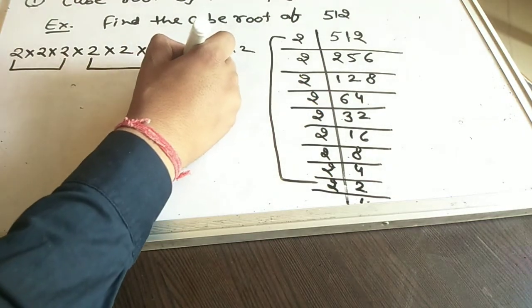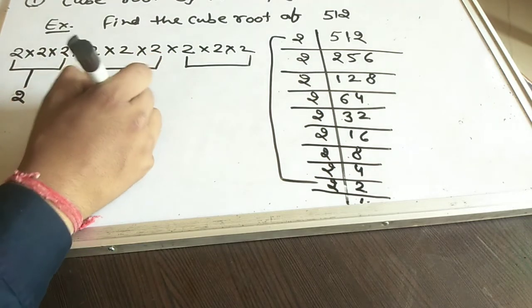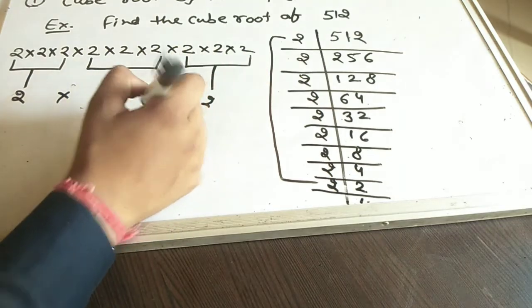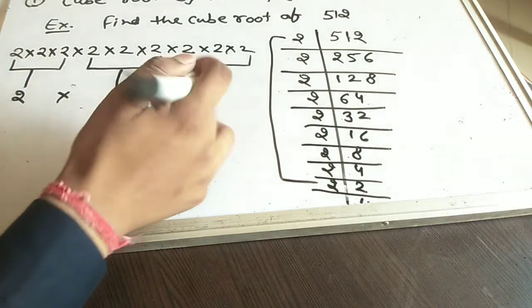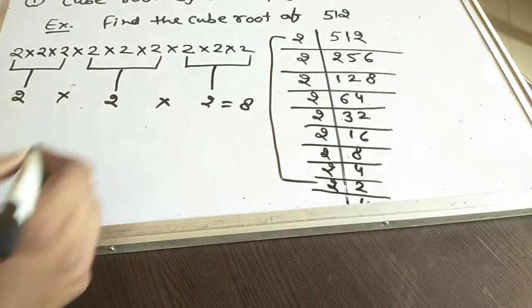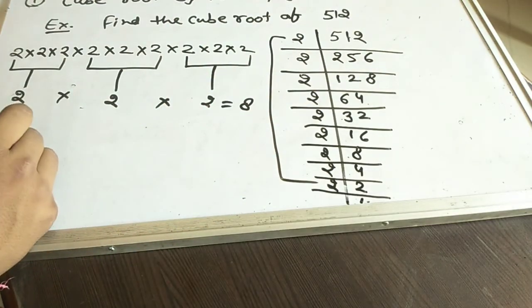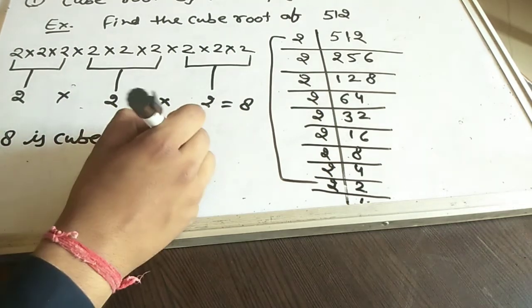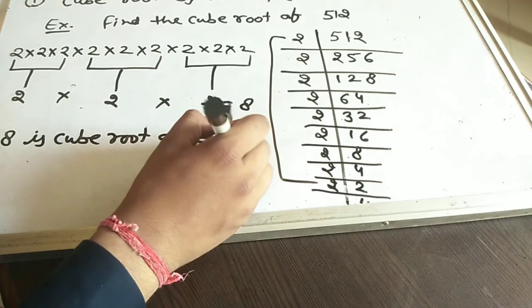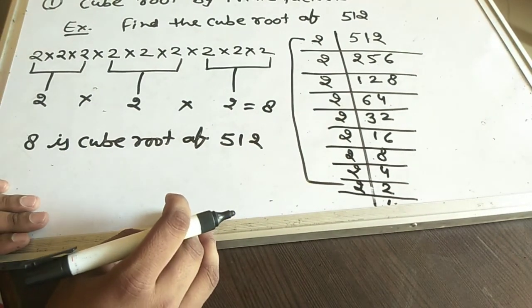Second pair and it is third pair. And take one prime factor from each pair. 2 multiply 2 multiply 2. Product of these prime factors, 2 2s are 4, 4 2s are 8. We get 8. So 8 is cube root of 512. Understood?